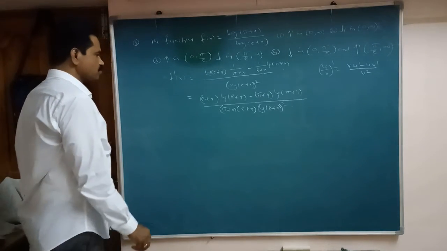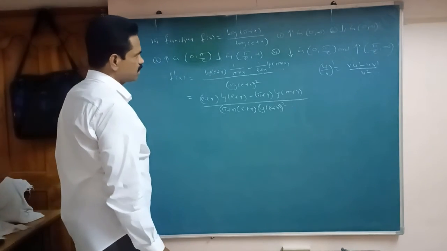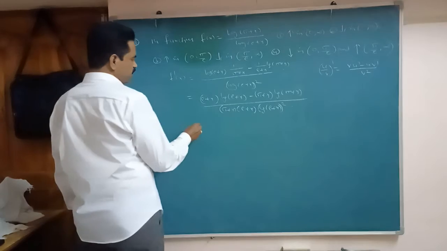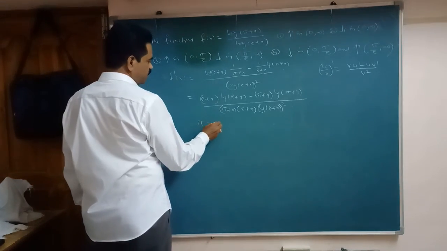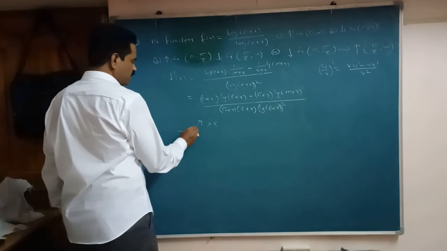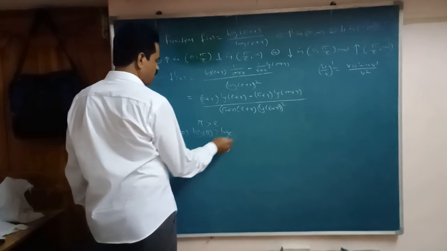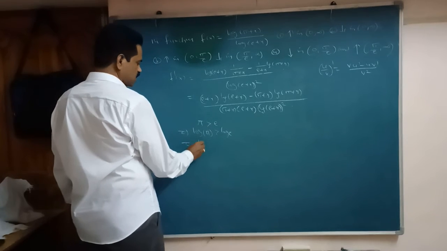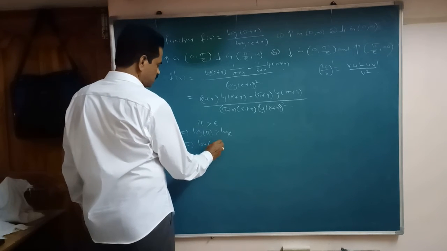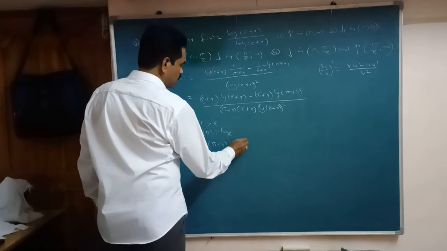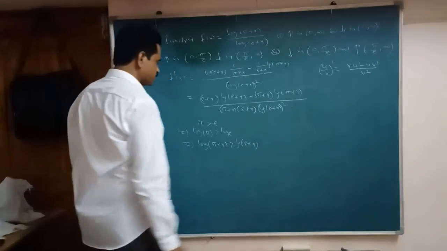Once we observe here f dash x, we know that pi is greater than e. On both sides applying log, log pi is greater than log e. Adding x, log of pi plus x is greater than log of e plus x.